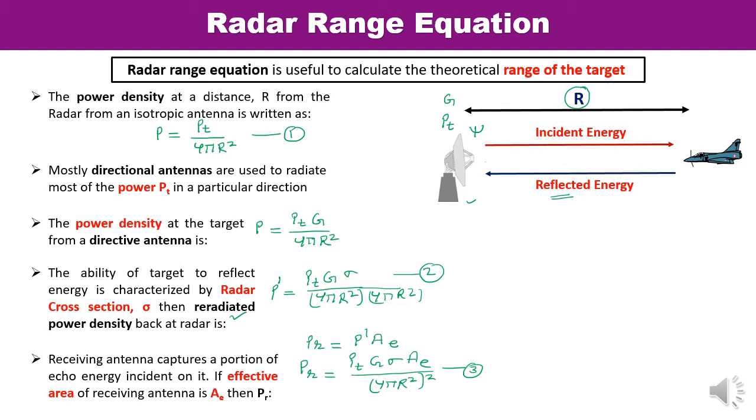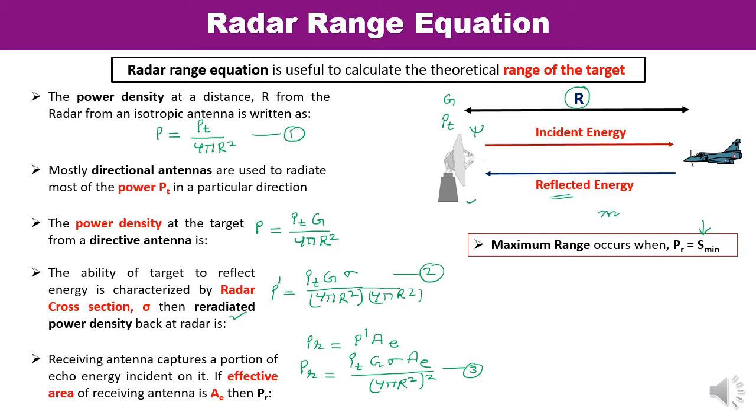But now our interest is to calculate the maximum range of the radar. So radar maximum range is that range beyond which the target can no longer be detected. It means when the range is maximum, then the received echo power will be equal to the minimum detectable signal, S minimum.